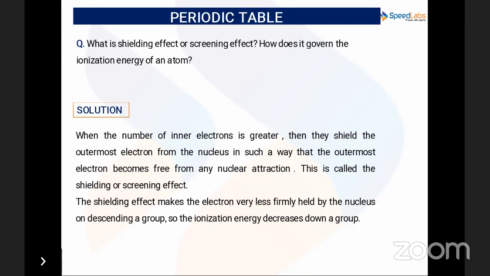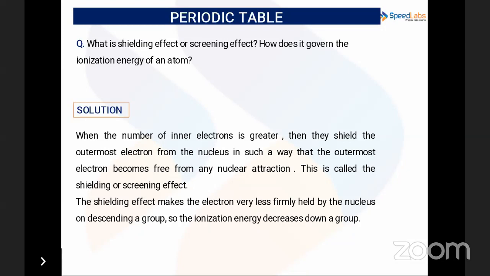Now how exactly it decreases, I will explain to you. The more electrons shielding the outer electron shell from the nucleus, the less energy is required to expel an electron from the said atom, right?